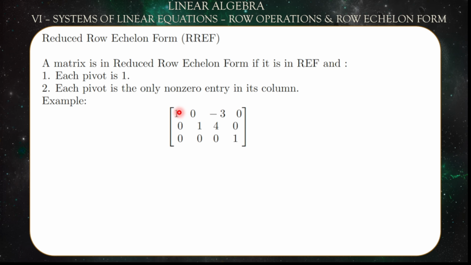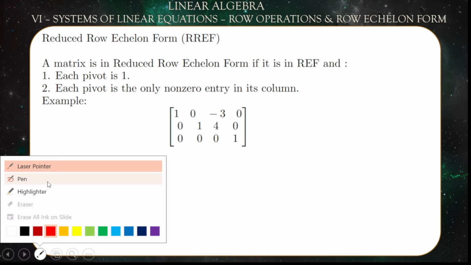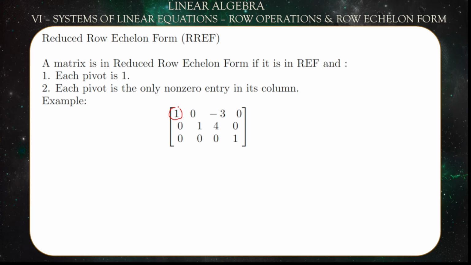As an example, let's see if this complies with the RREF, reduced row echelon form, criteria. Each leading entry should be 1 in each row, correct? So let's check it out. This is the first entry, 1, 1 in the second row, and 1 in the third row. And these entries are pivots. Why?